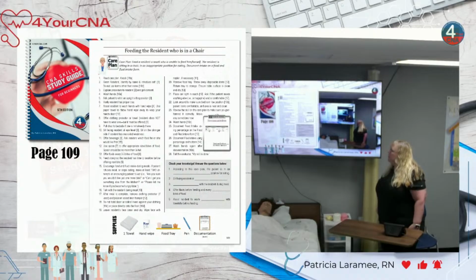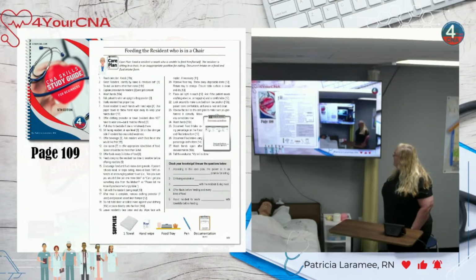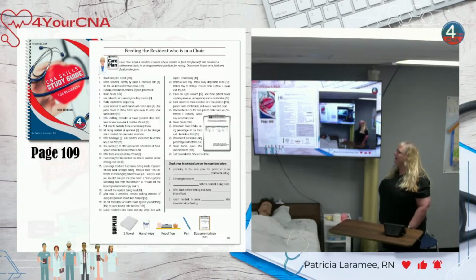If you look on page 109, you can see the care plan at the top of the page. The care plan says, feed a resident a snack. That's important. Feed a resident a snack who is unable to feed him or herself. The resident is sitting in a chair in an inappropriate position for eating.